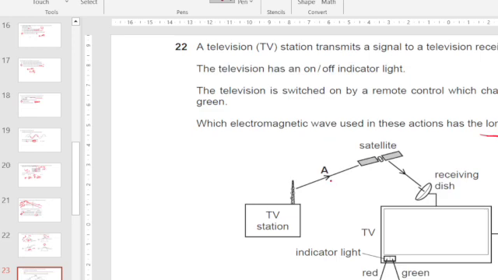So if you see point A, in a TV station radio waves are used, and in a remote, infrared rays are used, and this is an electromagnetic wave.